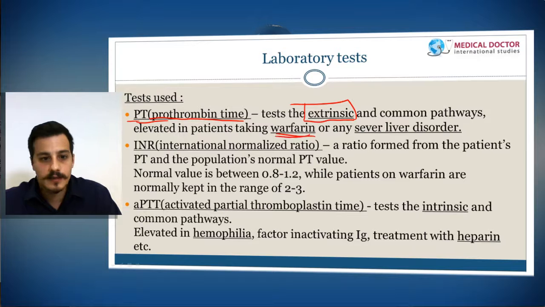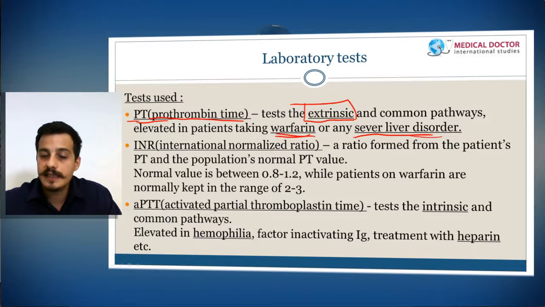The PT is very useful in following patients who are receiving warfarin as a treatment, or it can also be used to evaluate any severe liver disorder that is associated with less activity of vitamin K.